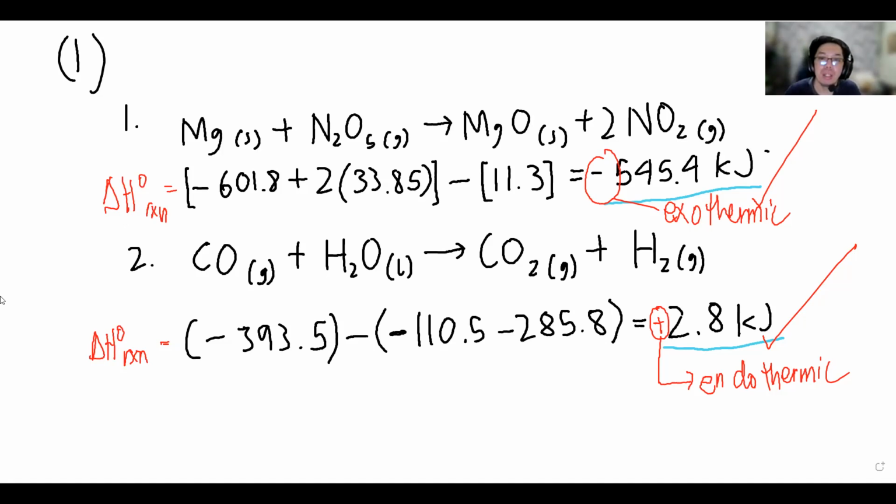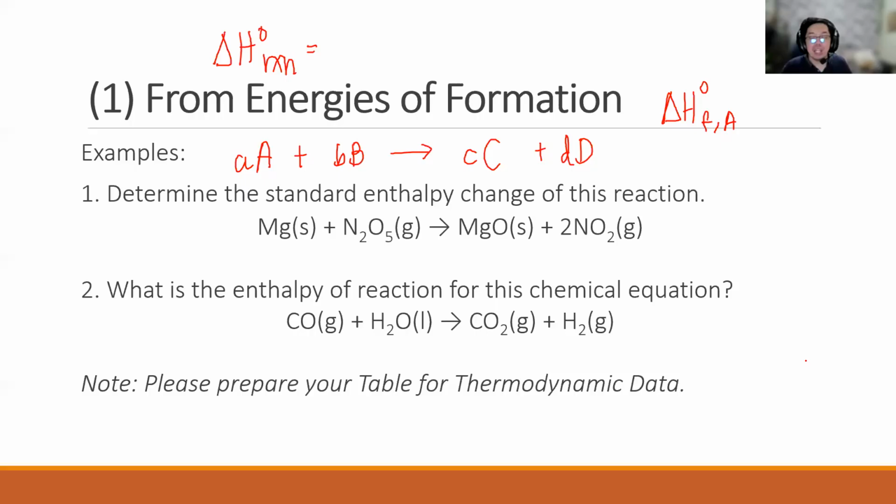Opo. So, okay. So, let's now proceed with the second way for getting our delta H net reaction. So, I think nakikita nyo na po ang aking screen.